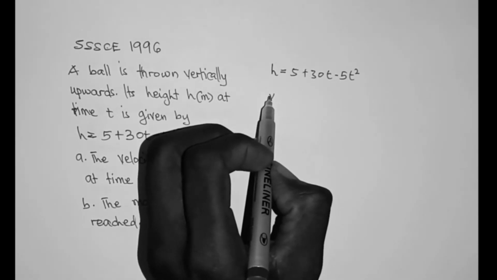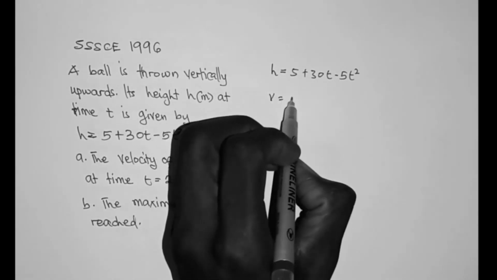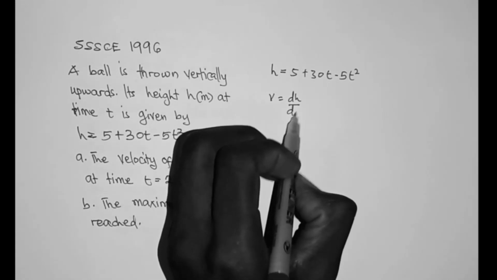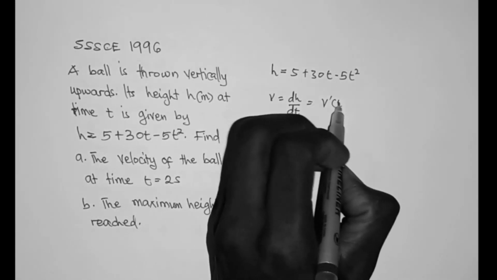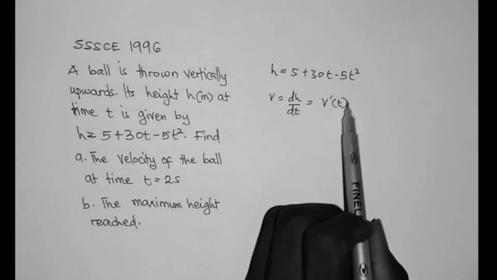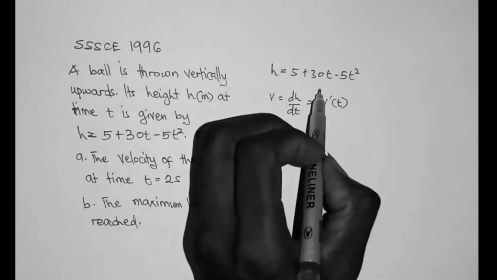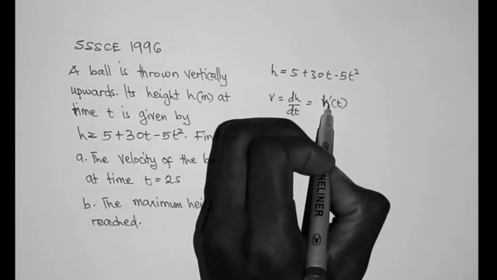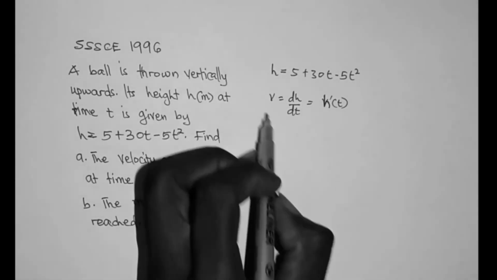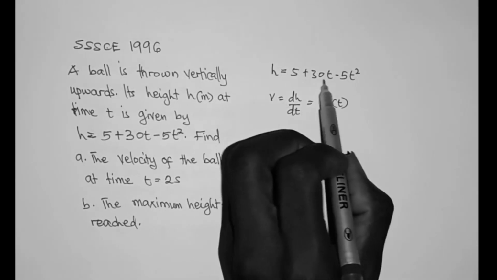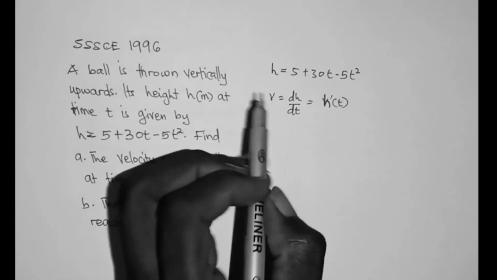We know that the velocity of the ball is equal to dh/dt, and this can also be written as h prime of t. So let's find h prime of t. h of t equals 5 plus 30t minus 5t squared.